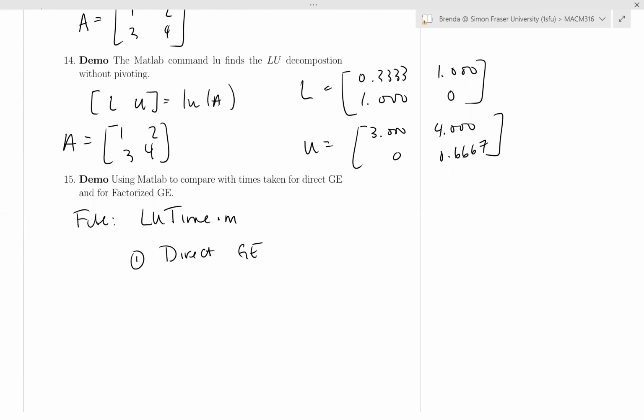MATLAB does that using the backslash operator, A backslash b, and that is, as we know, two-thirds n cubed steps. Then you could try doing the factorized version.